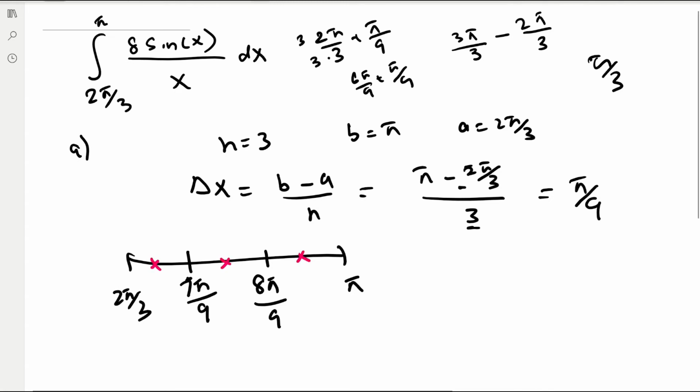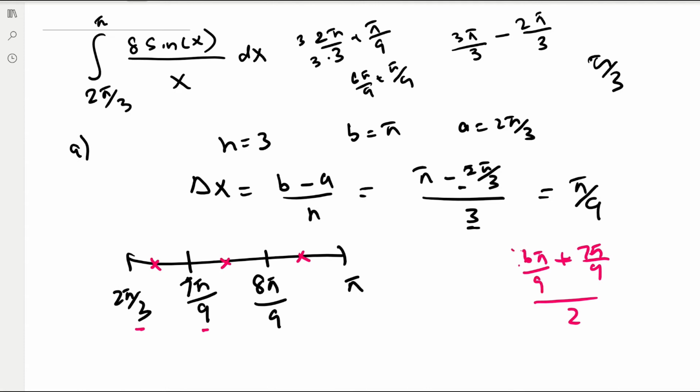Okay, at least there's only 3. So the midpoint here is going to be, you add 2 pi over 3 plus 7 pi over 9 and divide by 2. Here I can multiply by 3 on both sides, so it's 6 pi over 9 plus 7 pi over 9.